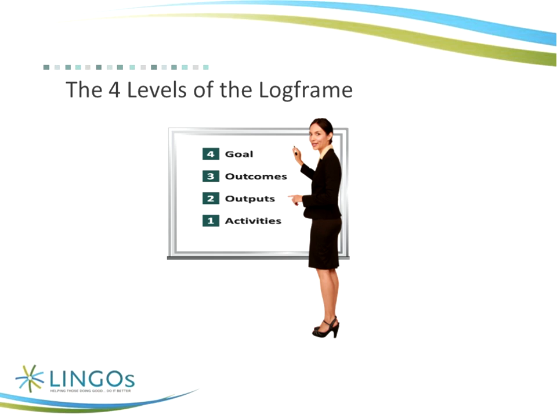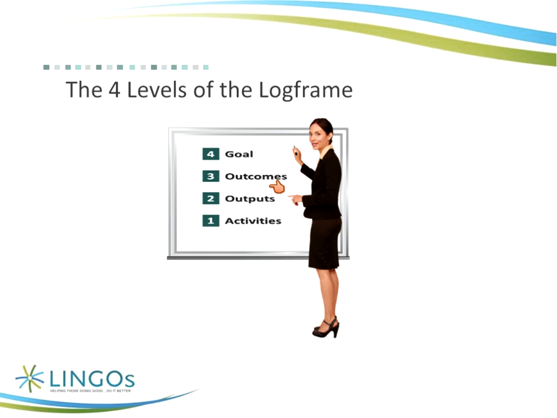So let's talk about the specific aspects of the Logframe. The first and probably most fundamental would be the levels of the Logframe. I like to call this the hierarchy of objectives, or the vertical logic. So in the simplest format, you have activities, outputs, outcomes, and goal.